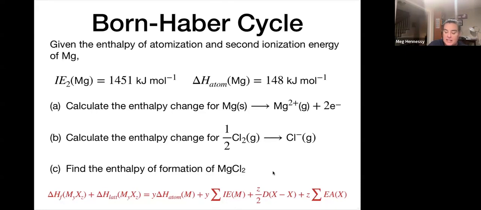We're going to try to calculate the enthalpy change for magnesium solid becoming magnesium 2+ gas phase ion. And then we're going to try to calculate the enthalpy change for taking chlorine, the molecule, and turning it into chloride, the anion. And finally, we're going to try to put that together and use a Born-Haber cycle to figure out the enthalpy of formation of magnesium chloride.